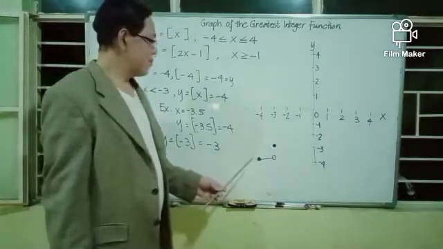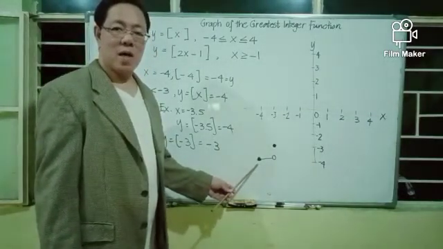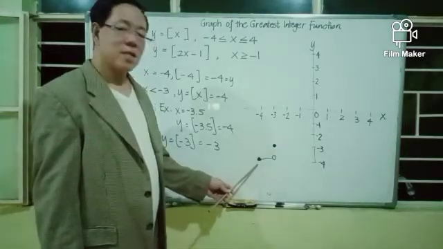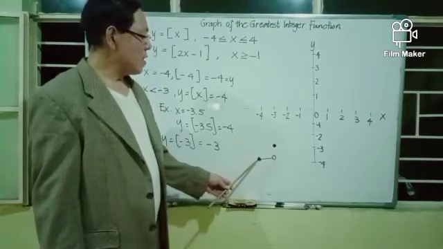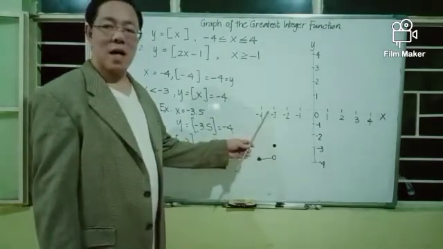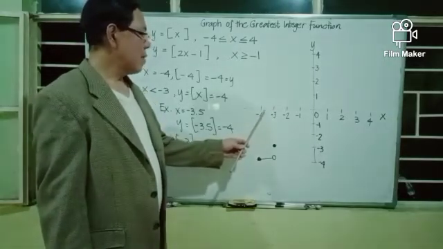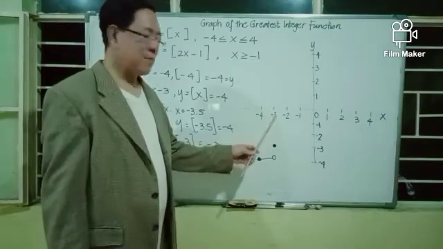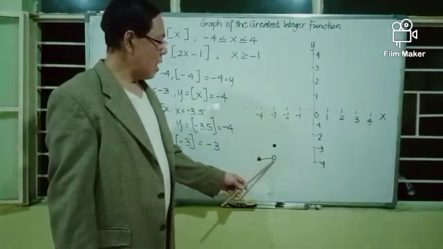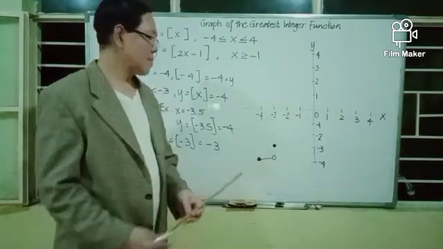Again, we started with x equals negative 4 and the floor of negative 4 is negative 4. And the floor of all real numbers x greater than negative 4 but less than negative 3 is negative 4, up to negative 3.00001.